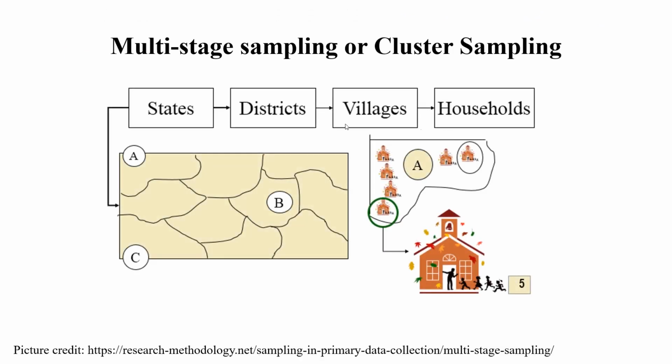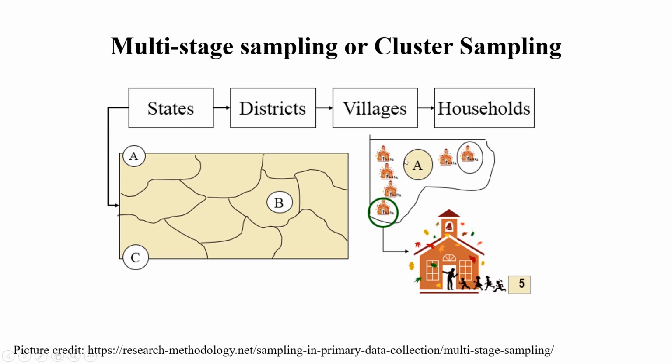Let's assume that out of these many states, different states A, B, C are selected for the study, and out of these states we have to select the districts. Within those districts we have to select the villages of a particular state, maybe A state, and in that village, which households we are going to study.